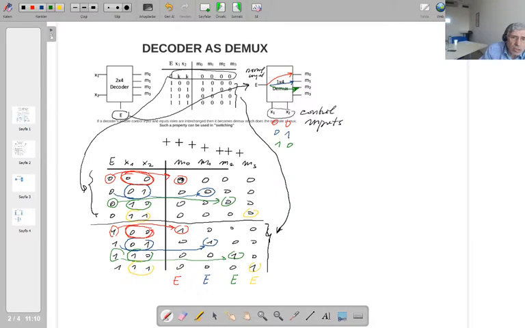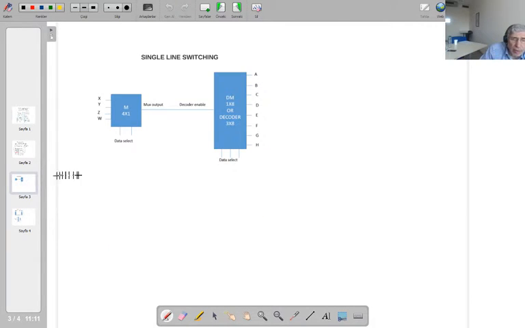In the last case, if you choose the control input 1, 1, the E input values are transferred to M3. So that is the switching operation. So you are sending the information to different destinations in here. How we are going to use this information in switching will be examined here now.